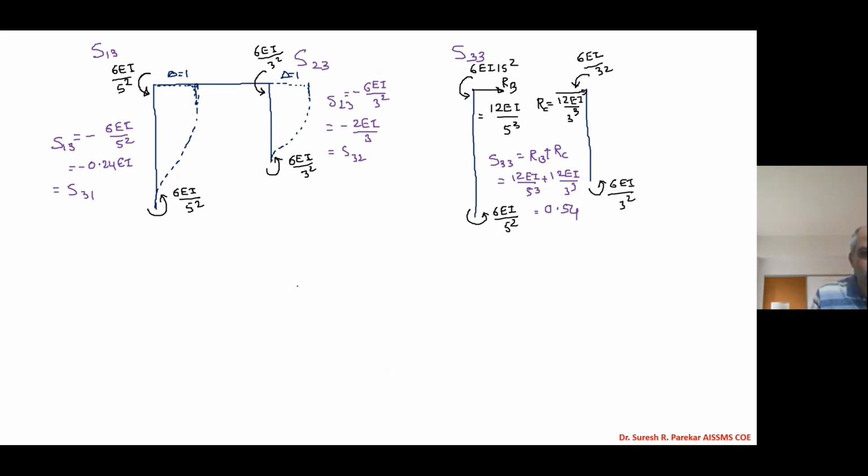Now we will switch over to the next step. We have completed step 3; step 4 is formation of equations.